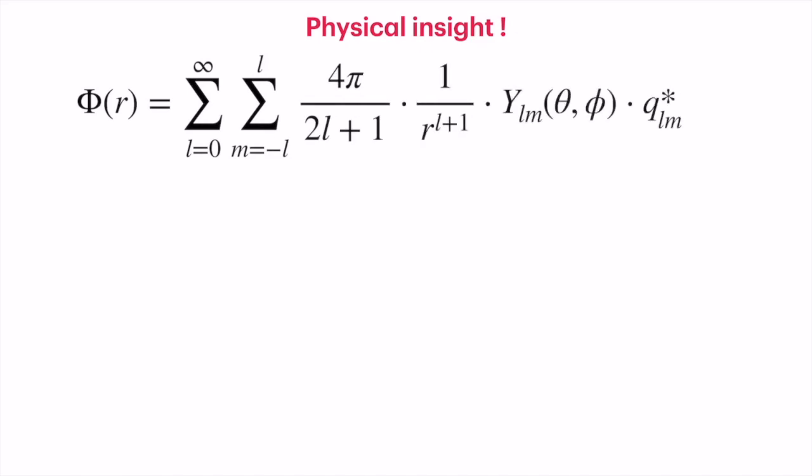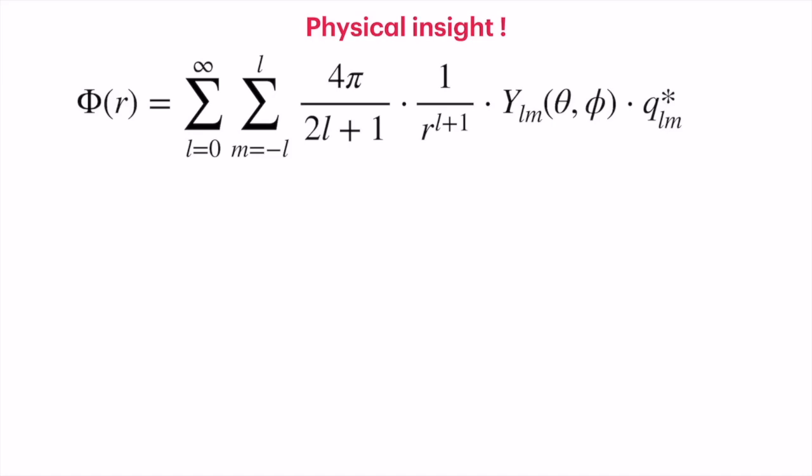Let's get some physical insight into the multipole moment. A multipole moment can be described using Y_LM or your conventional Cartesian coordinate system, whichever is useful depending on the problem.